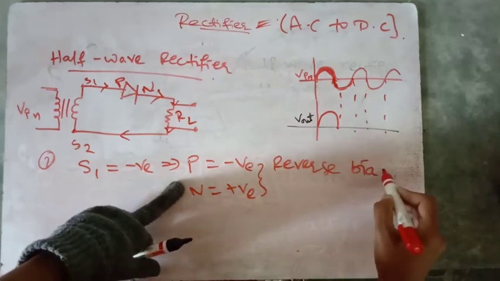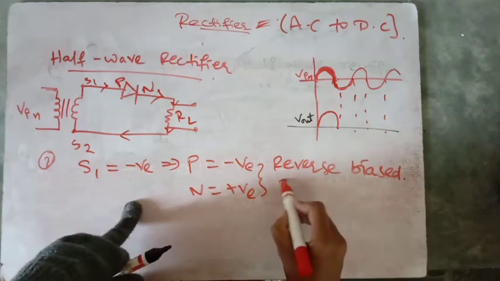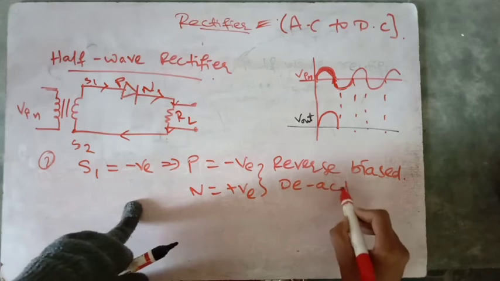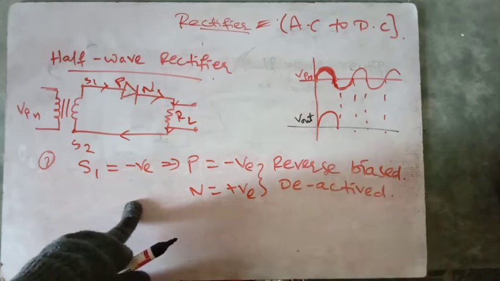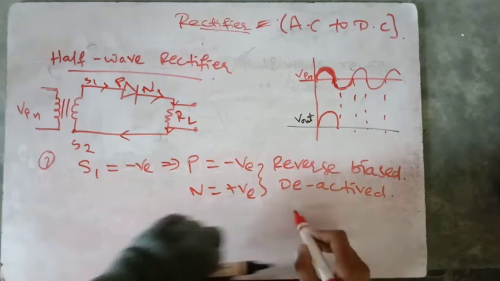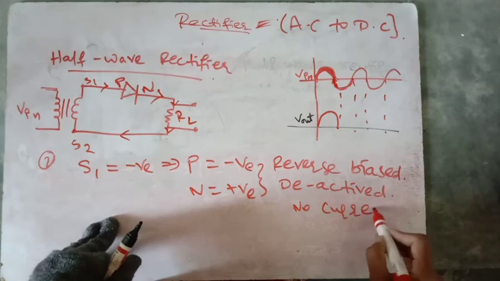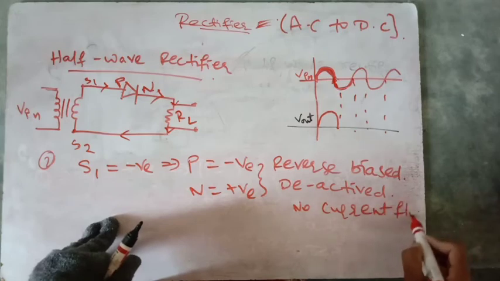That means the diode is deactivated. Therefore no current flows, or the diode won't allow the current flow.